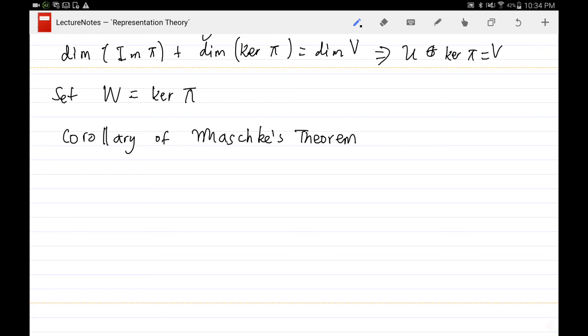If G is a finite group, now the finiteness of the group is coming in. This is why this video is on representation theory of finite groups.